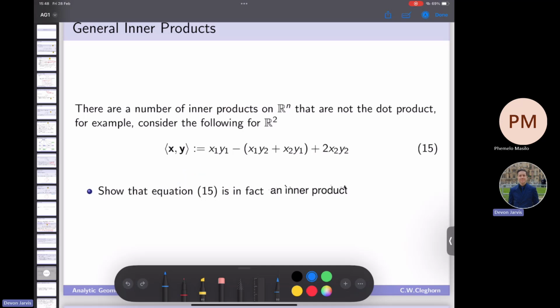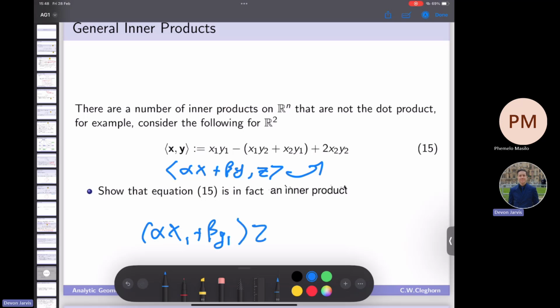I can apply the linearity to both of them. So if I passed in alpha x plus beta y, comma z, that would be the same as foiling it out and applying the linear property. The way you would do this is you would take this property into there, and say x1 is now alpha x1 plus beta y1, times z1.